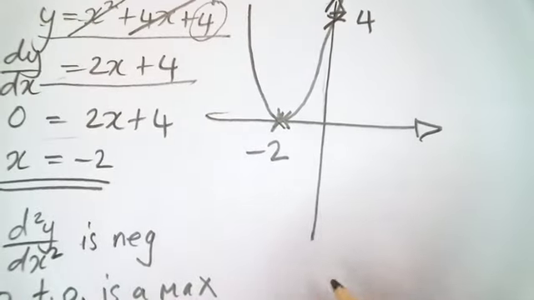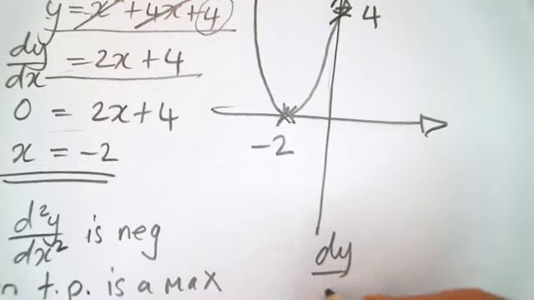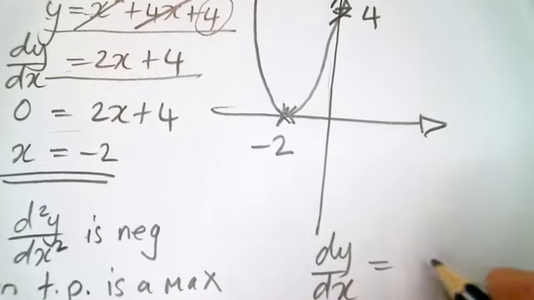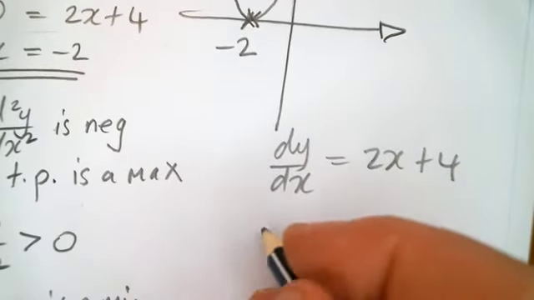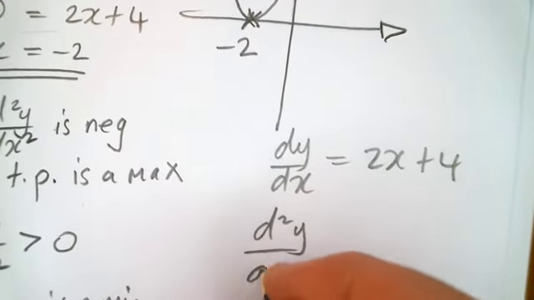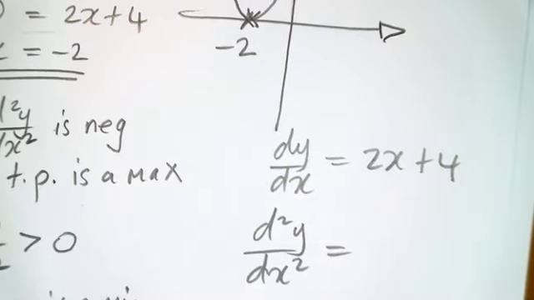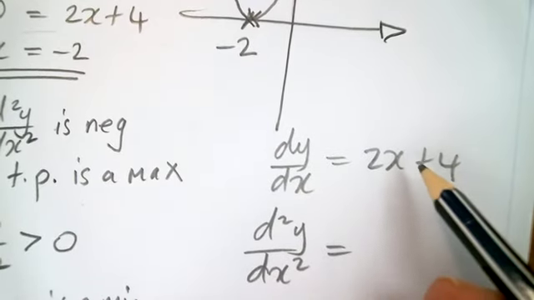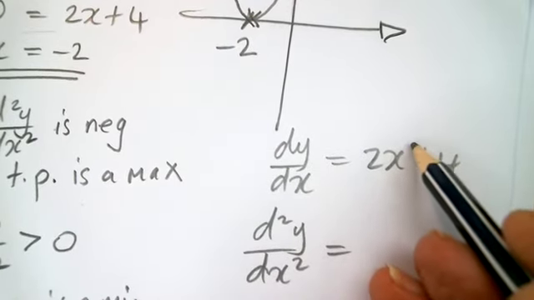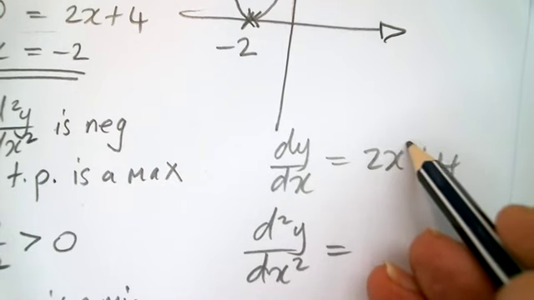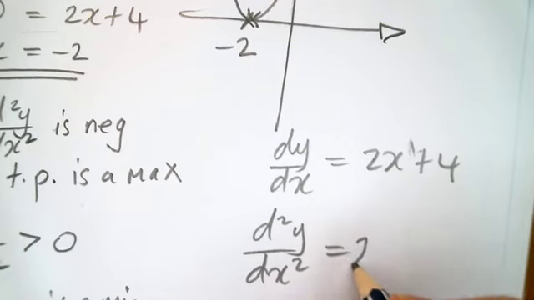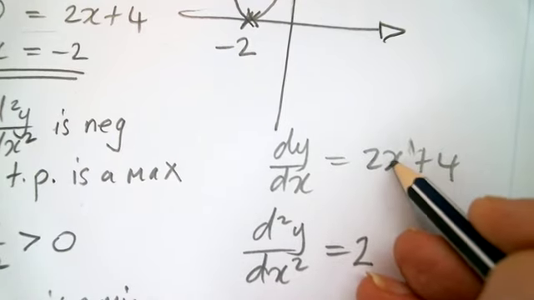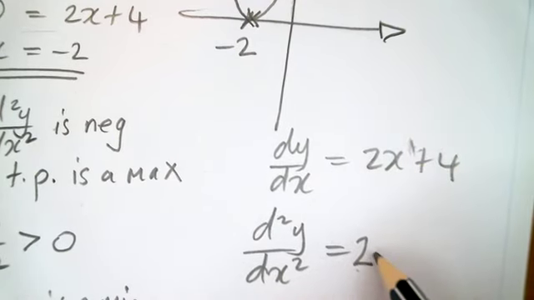So I'll write out dy/dx is equal to 2x plus 4. Let's find the second derivative, d squared y on dx squared. So I'm going to multiply the power, which is 1, by the coefficient, which is 2, and the x now becomes an x to the 0, which is a 1, and 2 times 1 is 2.